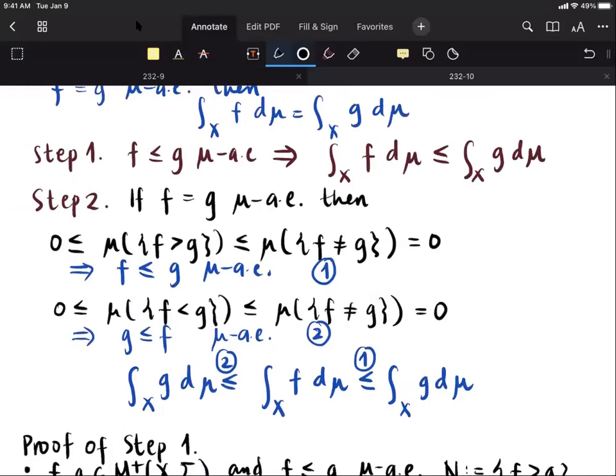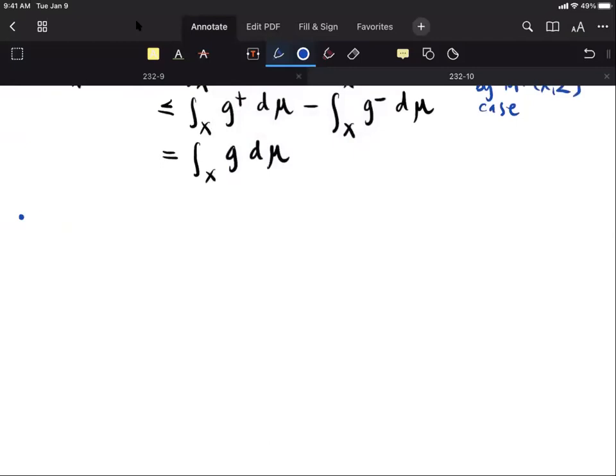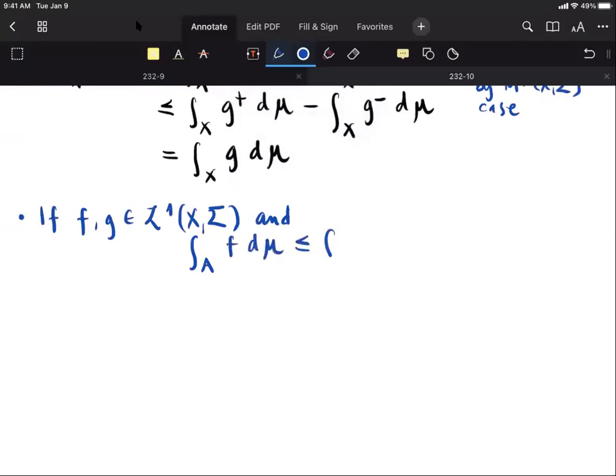Now, let us prove some sort of a converse. This is the statement: if I have two Lebesgue integrable functions f and g, and the following inequality for the Lebesgue integral holds for all measurable sets A, then we are guaranteed that f is less than or equal to g, mu almost everywhere.